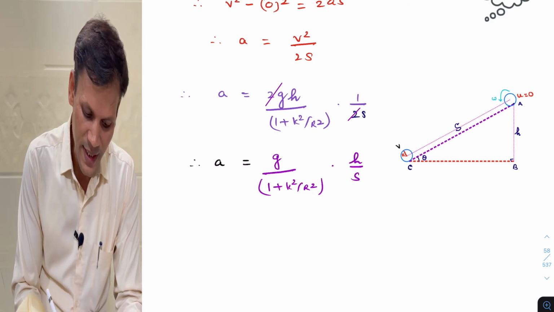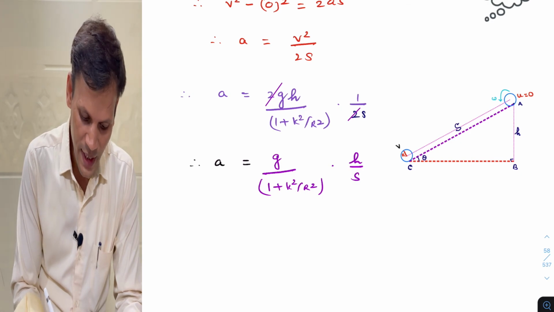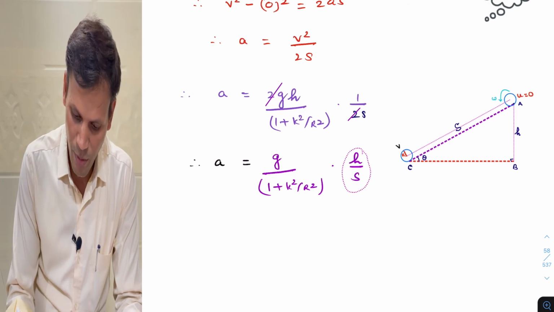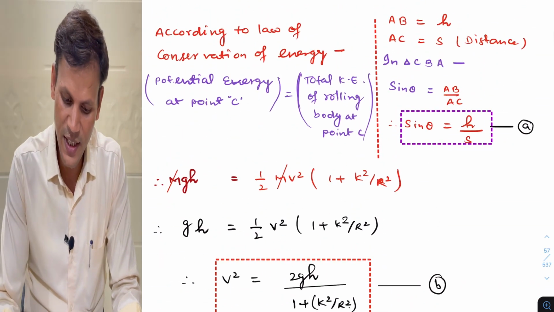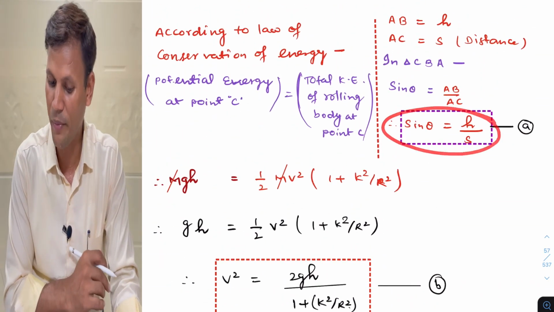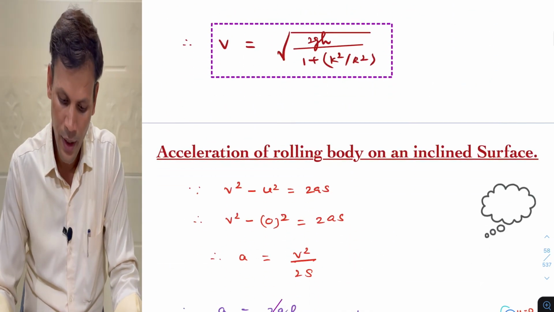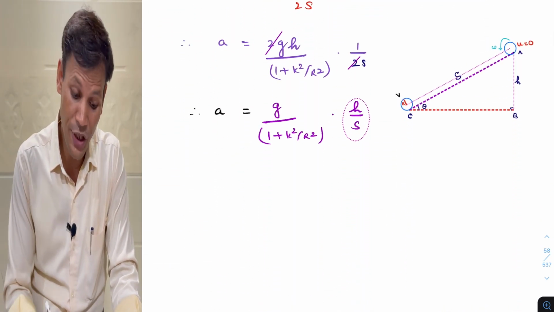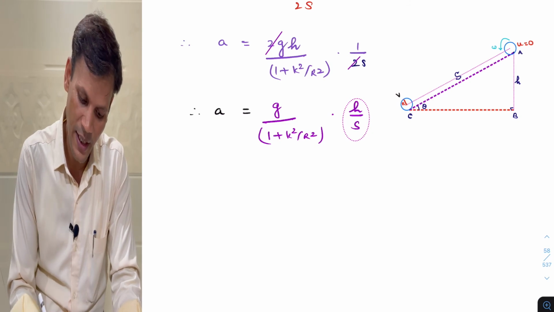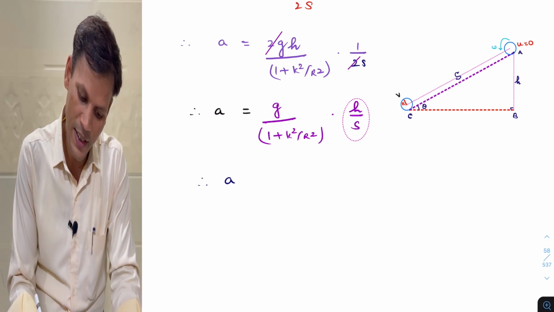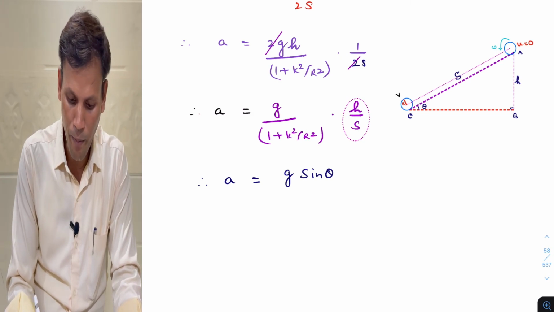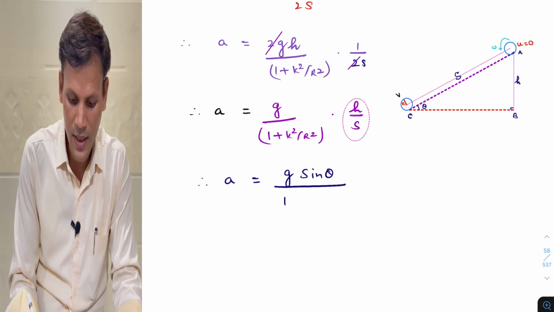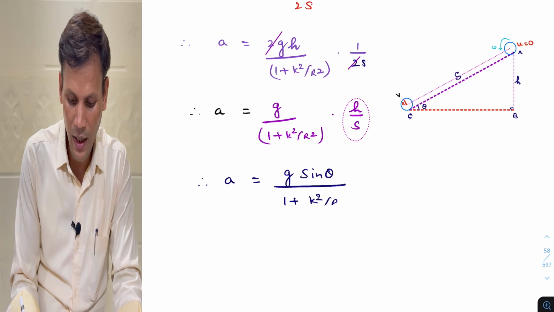But what is h by s? Already we did it. h by s is nothing but sine theta, from equation A. So we can write h by s as sine theta. So we'll get a is equal to g sine theta by 1 plus k square by r square.